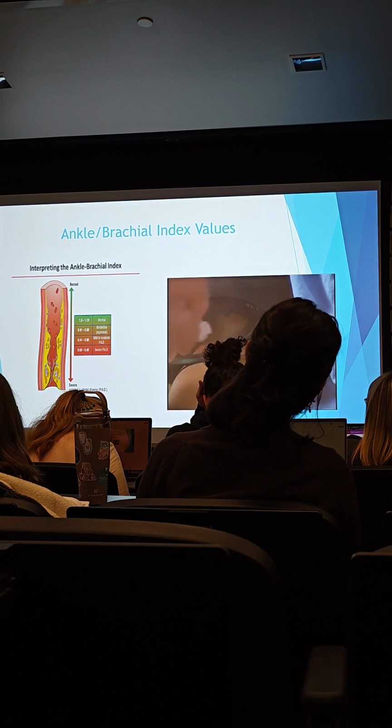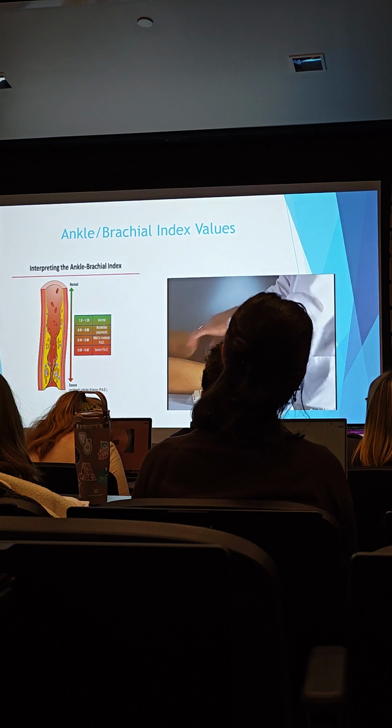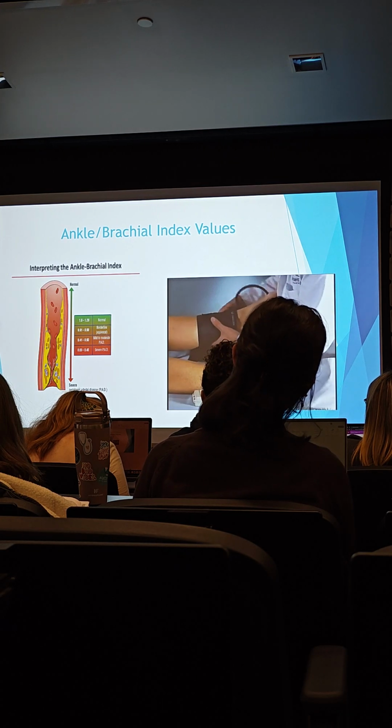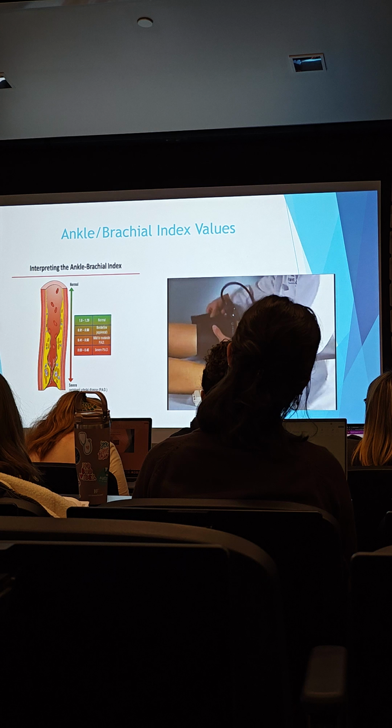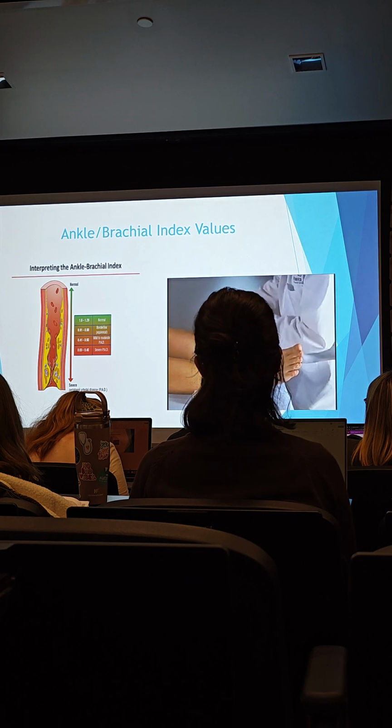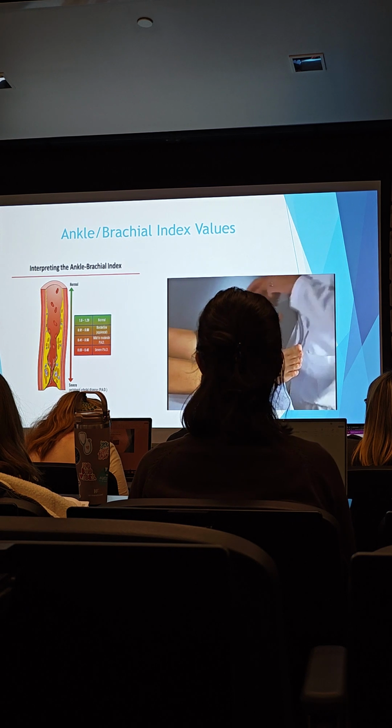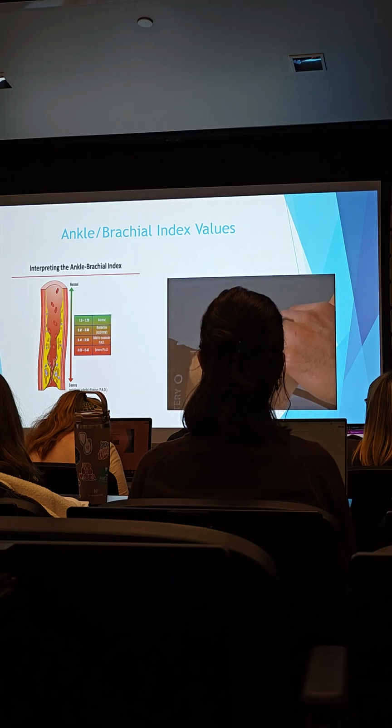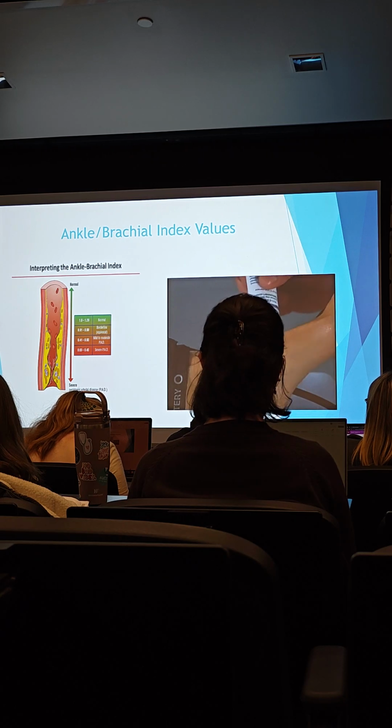Following measurement of the systolic blood pressure in the upper extremities, measure the systolic blood pressure in the lower extremities. First, place the cuff above the ankle. The dorsalis pedis artery is located initially by palpation or identified by Doppler alone.